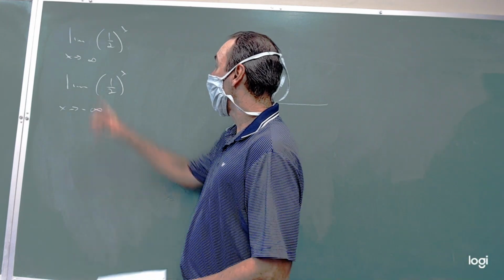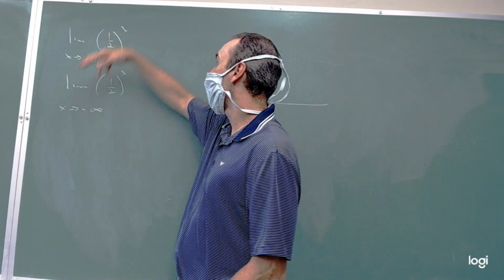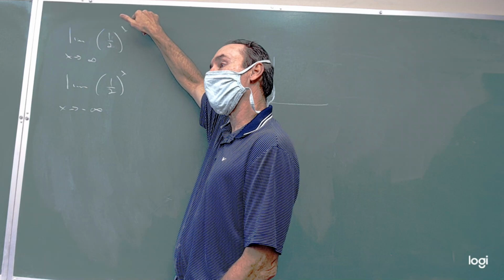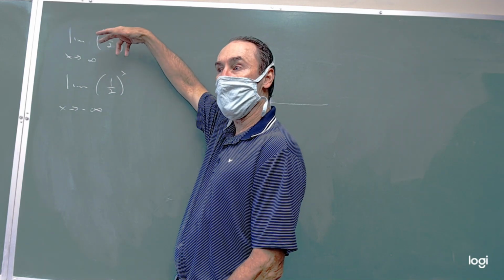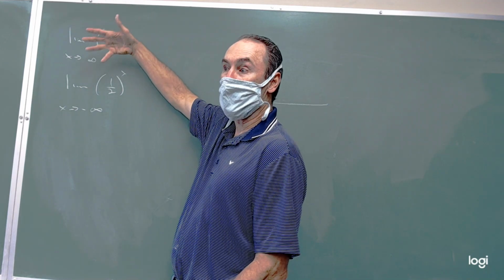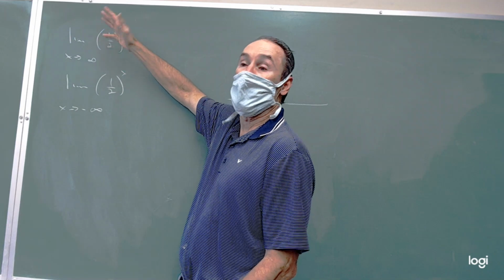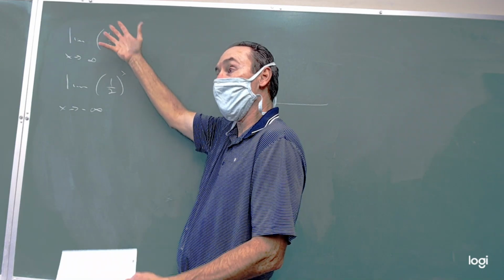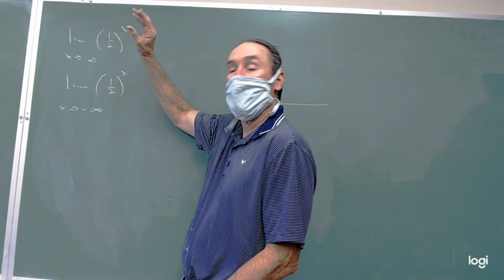So as you put in bigger and bigger positive numbers, what happens when you take a fraction, something that's less than 1, times itself? A half times a half is a fourth. And is a fourth bigger or smaller than a half? It's smaller, right? And so each time you multiply by a half, you get something that's half as big. So it keeps getting smaller.